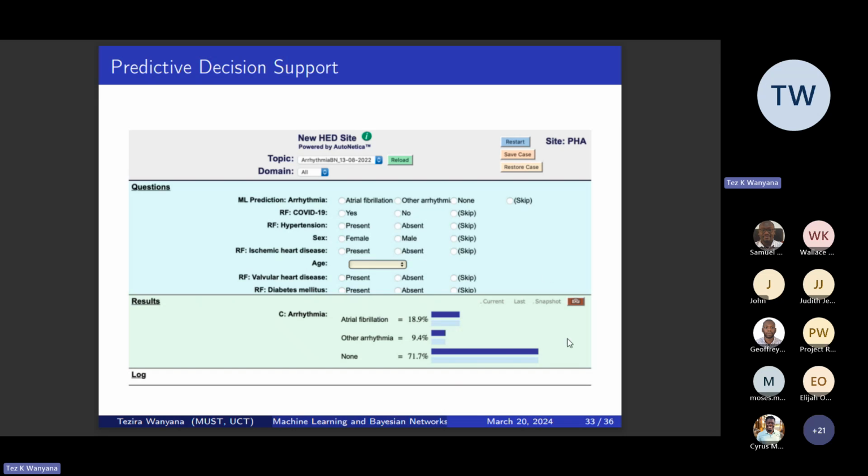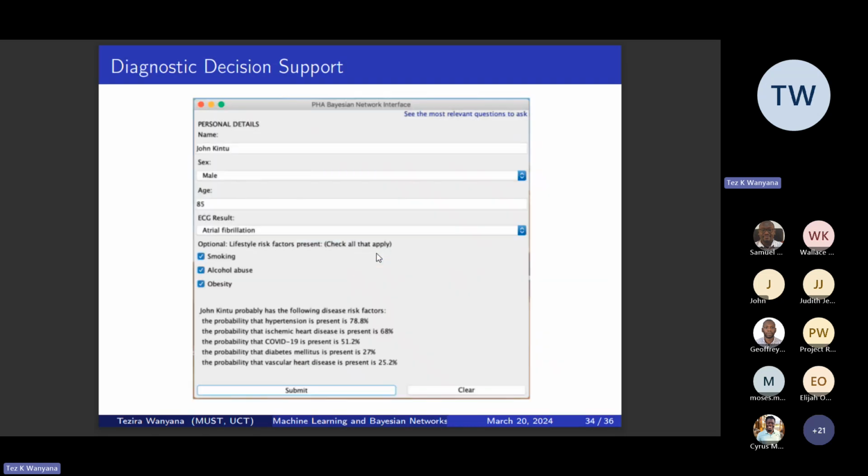So that's how the agent is offering predictive support. And like I said, the underlying technique at this point is the use of mutual information for us to be able to determine that. Most of this was done using the Java version of Netica, which is Netica J.